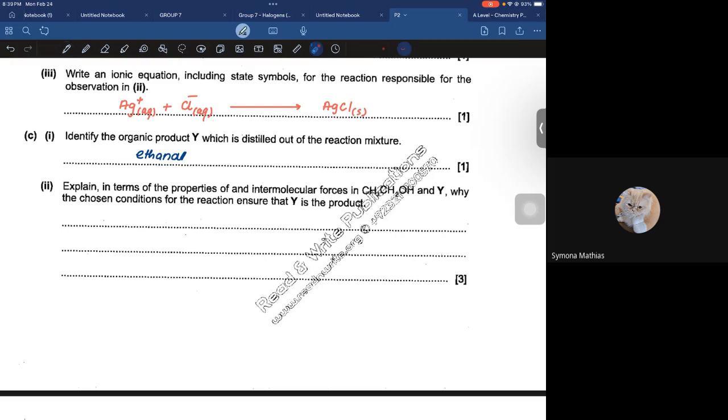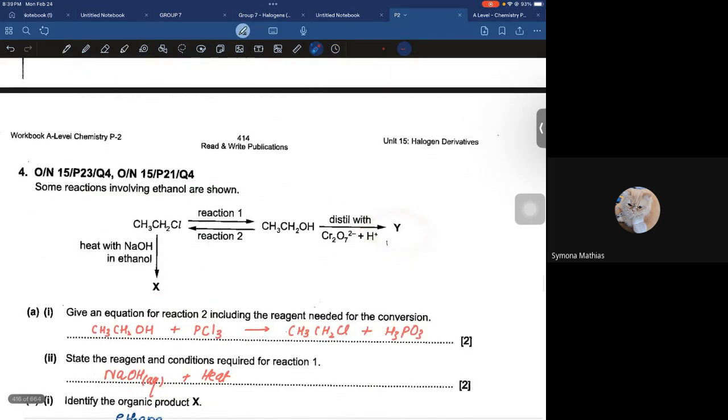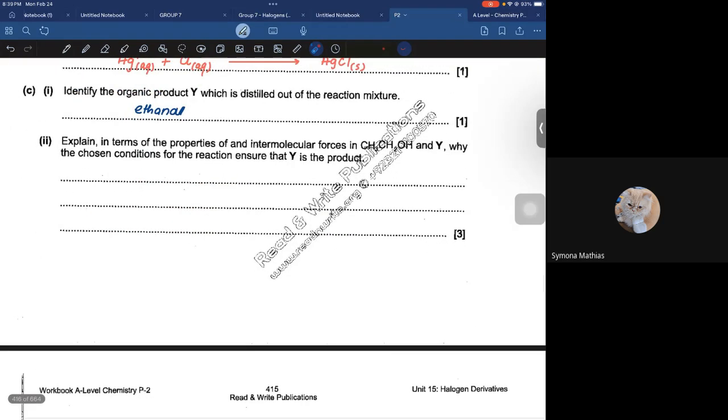Explain in terms of the properties and intermolecular forces in CH3CH2OH and Y, like they are comparing this aldehyde with this primary alcohol.